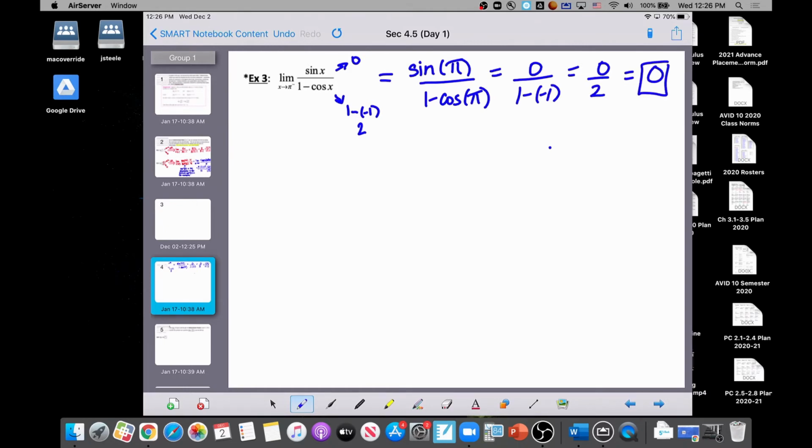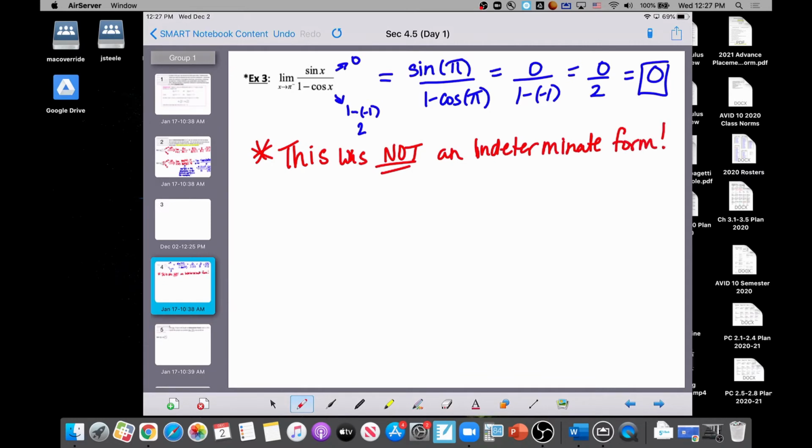And the reason that I included this on here is because I want to caution you, once you start using L'Hopital's rule, it's easy to get carried away and to stop remembering to check first, okay? So the moral of example 3 is this was not an indeterminate form.